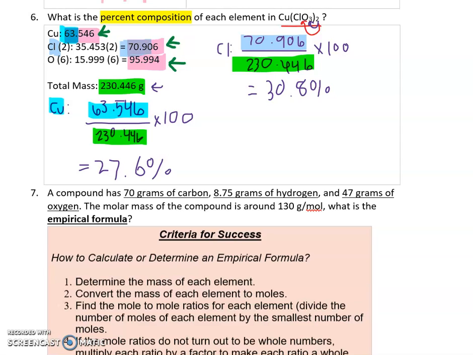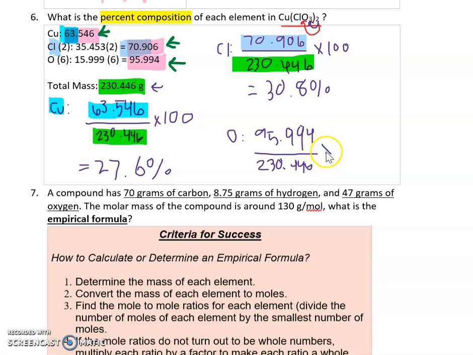Now I have one more left, and that is oxygen. I found that the total mass of oxygen was 95.994. I know this looks like 4s, those are 9s. Divided by the total mass, which is 230.446.